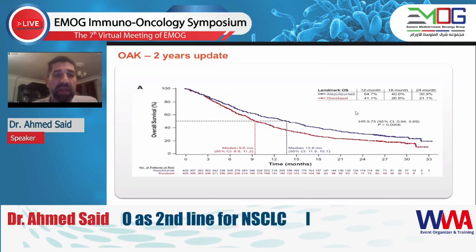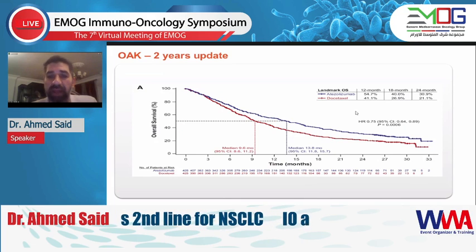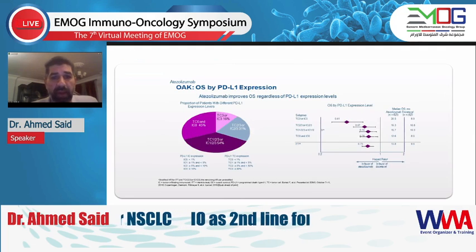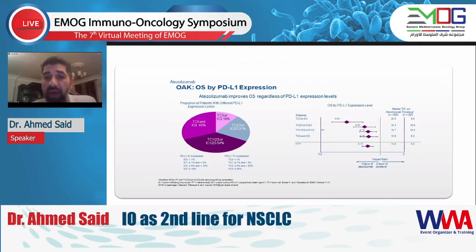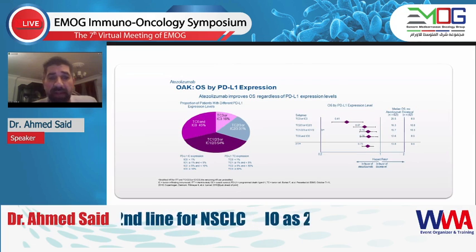As you can see here from the 2-year update, the significant overall survival improvement for atezo versus docetaxel is maintained. And also for the different groupings of patients according to PD-L1 status, all favor atezo rather than docetaxel.